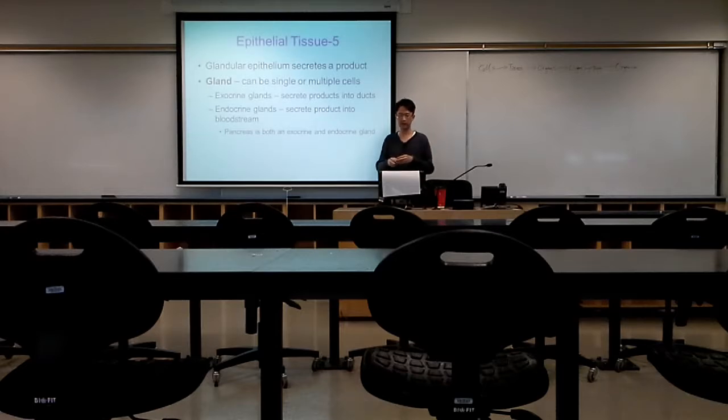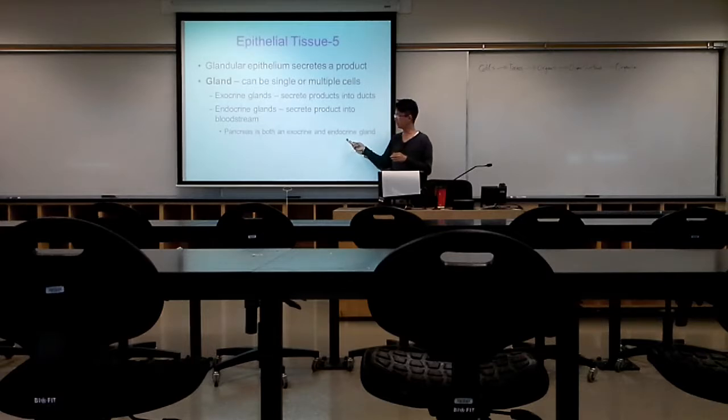Let's say our sweat glands, they are exocrine glands. Endocrine glands secrete products into the bloodstream, for example hormones. Let's say our testis is one of the endocrine organs that can secrete testosterone into the bloodstream. So it is an example of an endocrine gland. Endocrine glands do not have ducts.